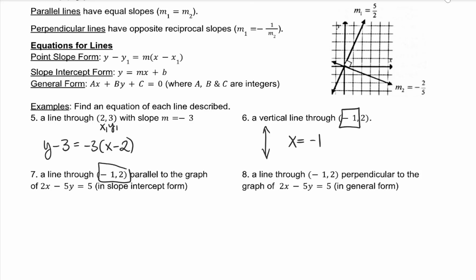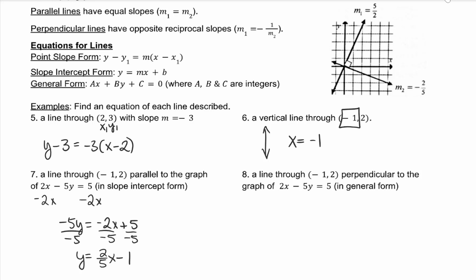A line through this point and parallel to this graph in slope-intercept form. So parallel lines have the same slopes, so I need to determine what is the slope of this line in order to find the slope of my parallel line. First, I'm going to put this into slope-intercept form. This is the slope-intercept form of our line, which means our slope is 2 over 5.